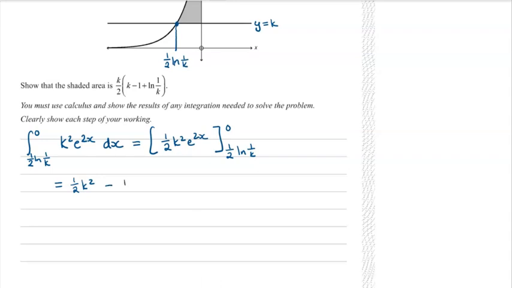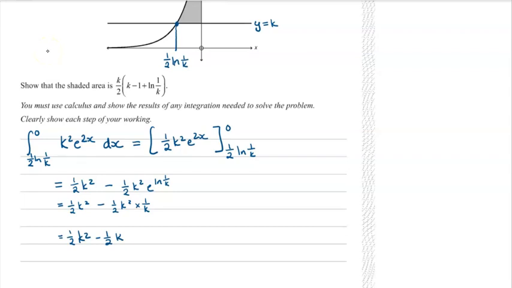Take away half k squared e to the 2 times half log 1 over k, so that'll just be e to the log 1 over k. Well, e to the log of 1 over k, that cancels. So this will be half k squared times 1 over k.